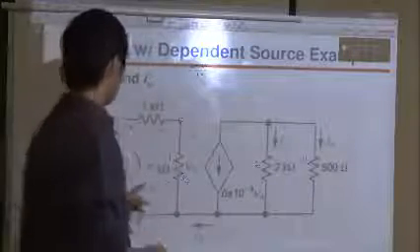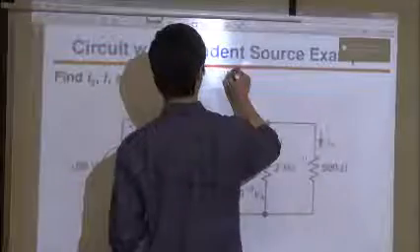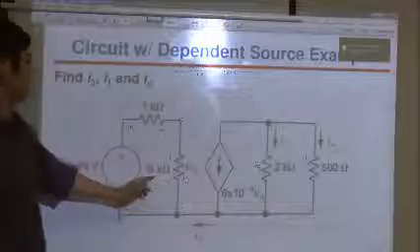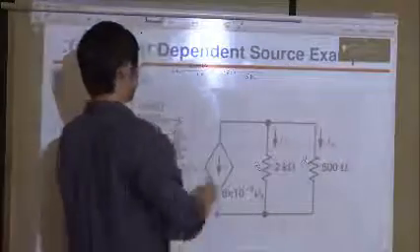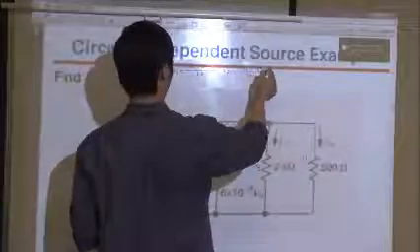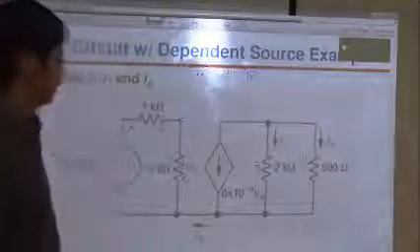Very straightforward. So IR2 will be this one, 5K, with the voltage drop across it, so V1 minus 0. Very straightforward, right?